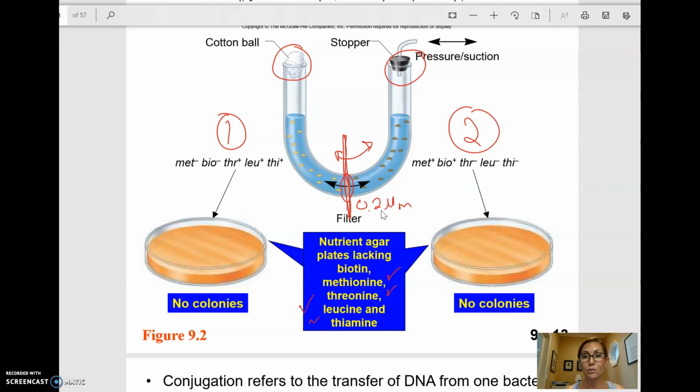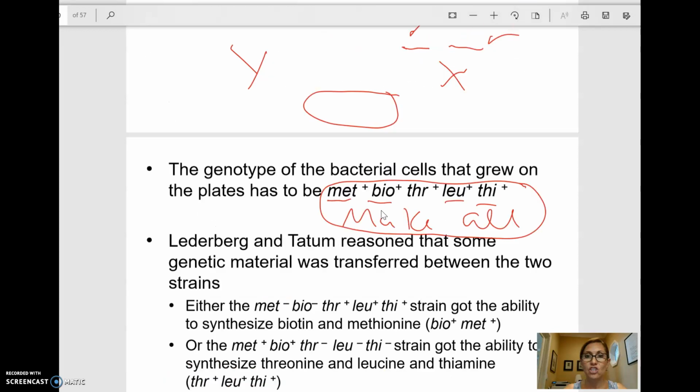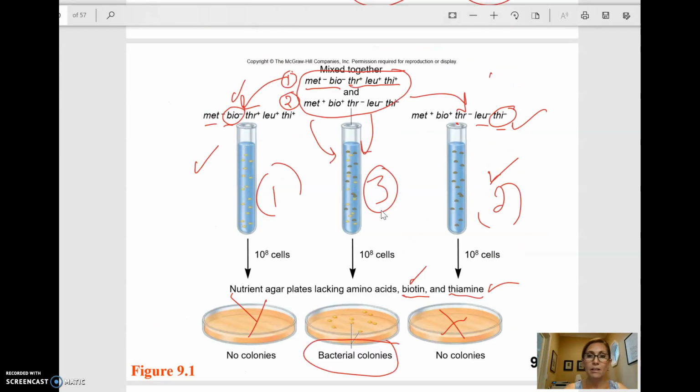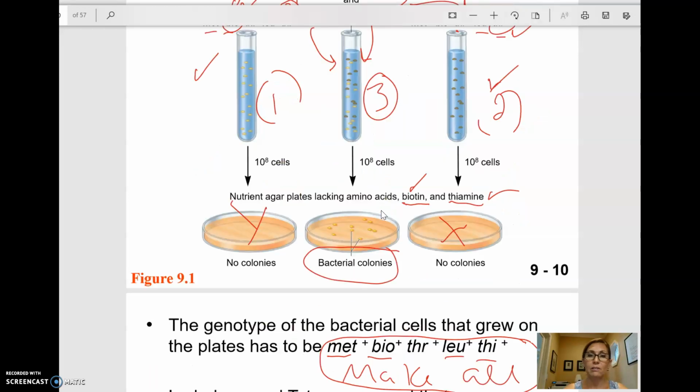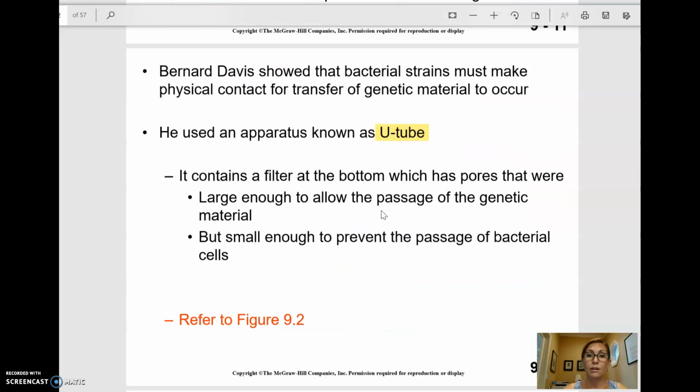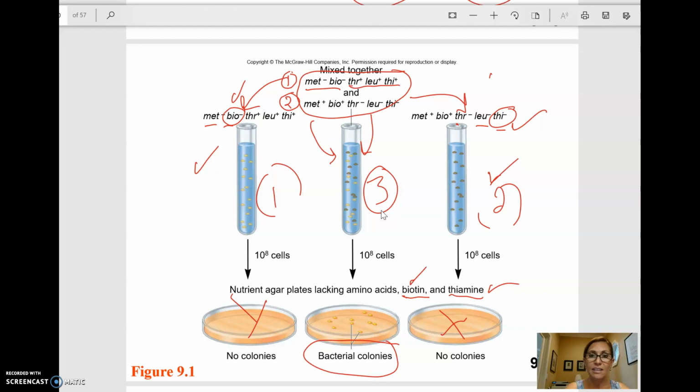Nothing grew. In other words, you change the condition from allowing them to mix together and touch each other to, and let's go back to this. They can mix together, touch each other, and they're all drinking the same Kool-Aid, okay?